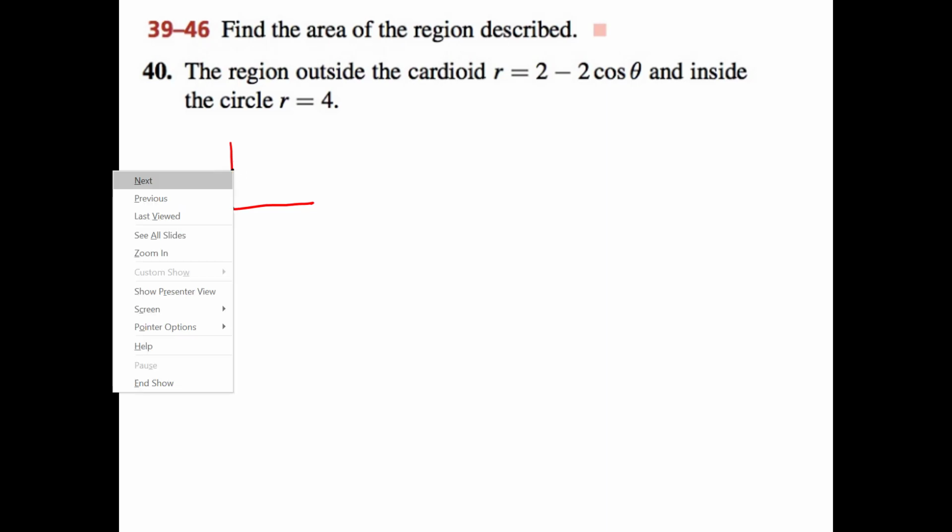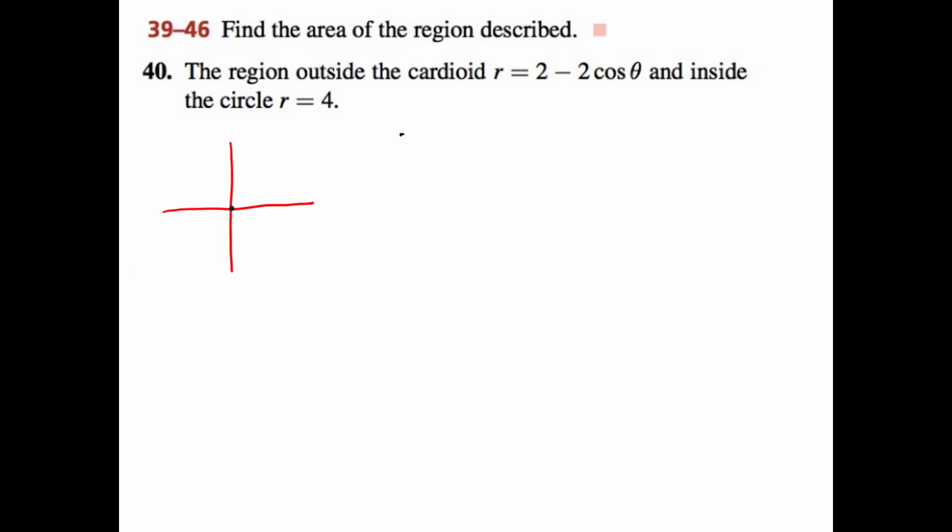Because of this 2, this expression here is always positive, right? So 1 minus the cosine of theta is always going to be positive, and when you double that, that's still always positive. So then you're always in the correct quadrant.